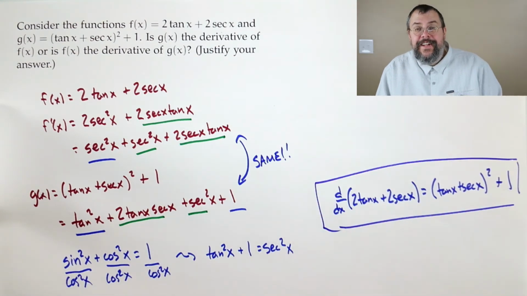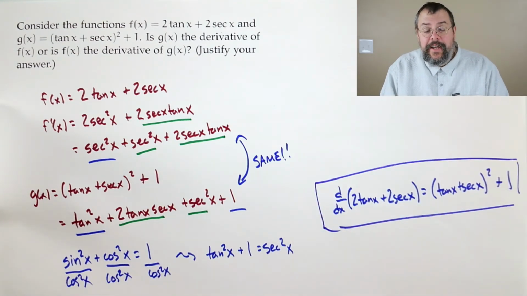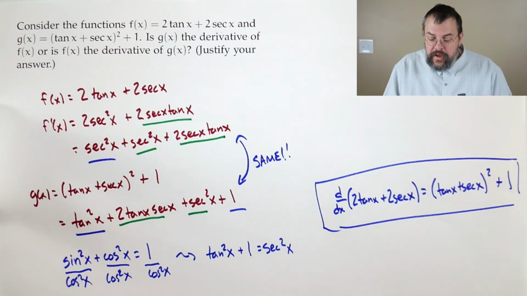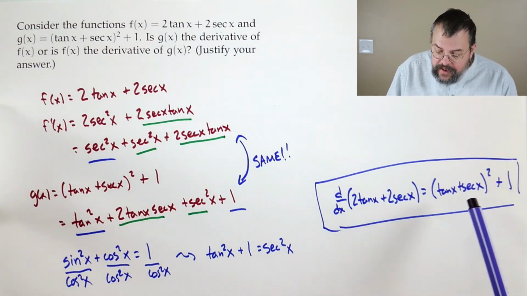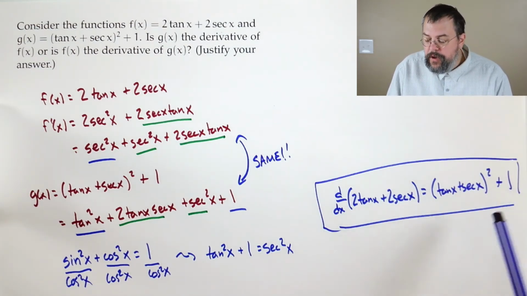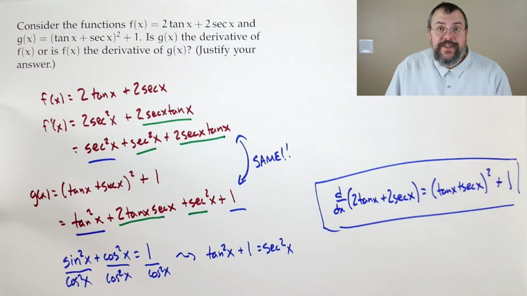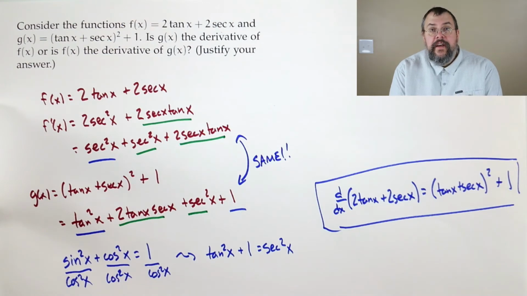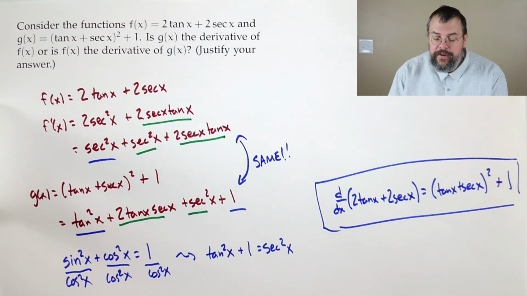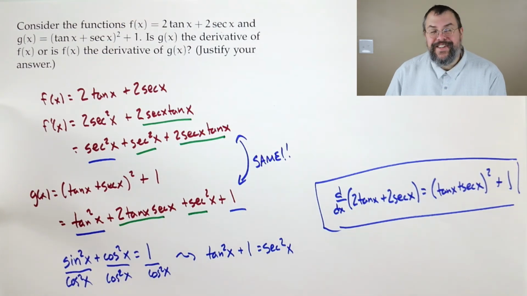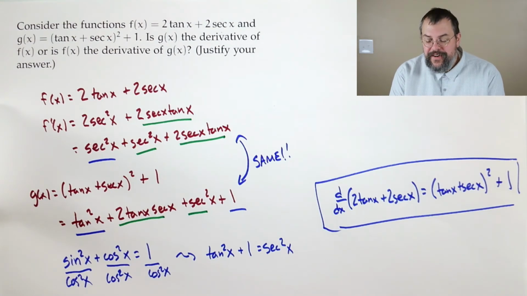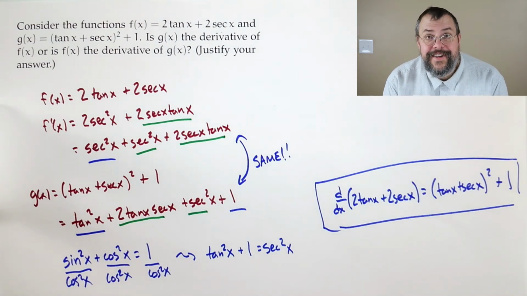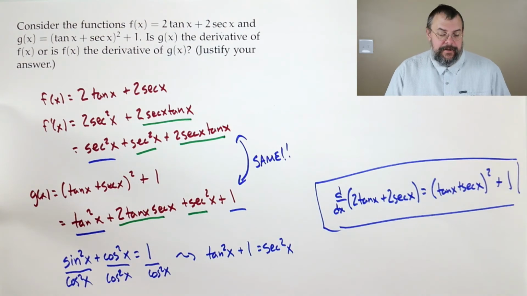Now, it's good practice, and I'm not going to carry it out, but take the derivative of tangent of x plus secant of x quantity squared plus 1 and see what you get. You can check by plugging in some points and some values, and you'll see that what you get is not 2 tangent of x plus 2 secant of x. So you got to do the work. All right, good.